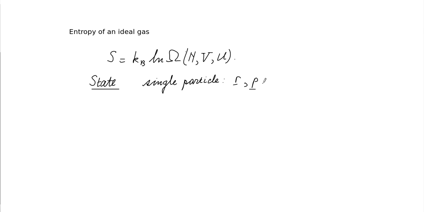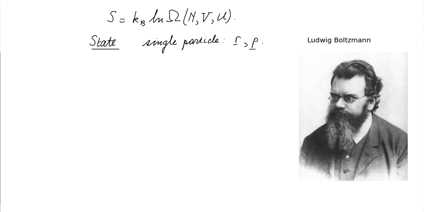We cannot count continuous variables. This problem was addressed by Ludwig Boltzmann. He recognized that it's impossible to count continuous states, and he thought of the following.